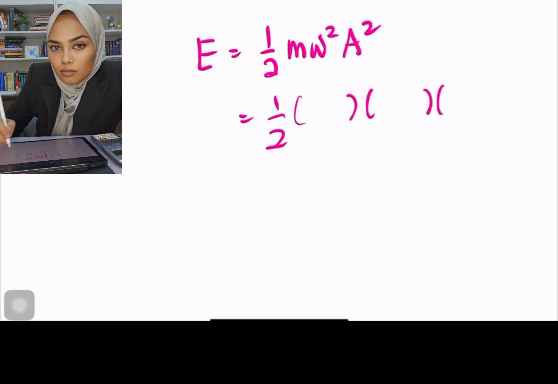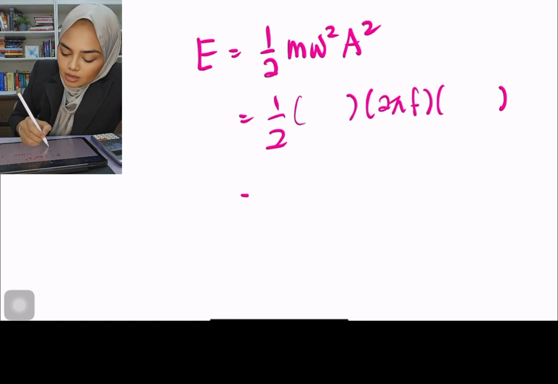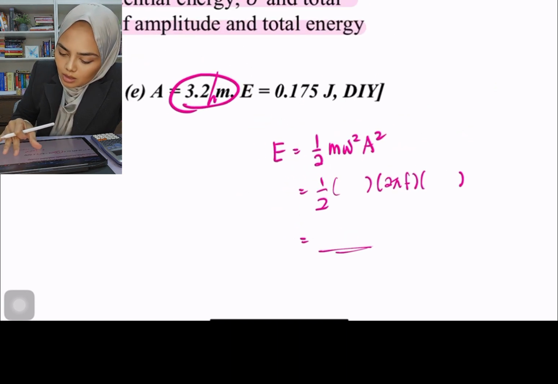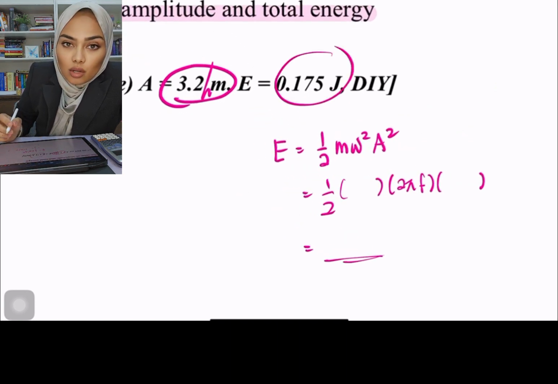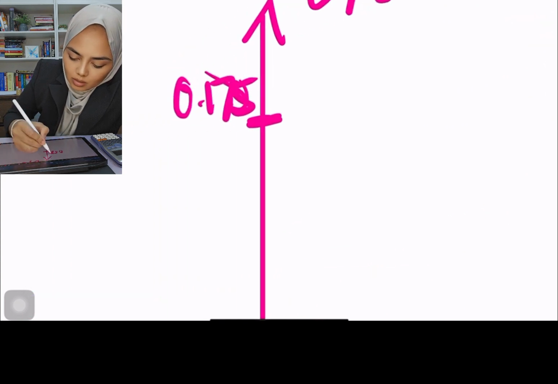Omega, you can get from the frequency because omega equals to 2 pi f. And then the amplitude you got it from the previous question, and then the answer should be 0.175 joule. Okay, so you're gonna add in 0.175.